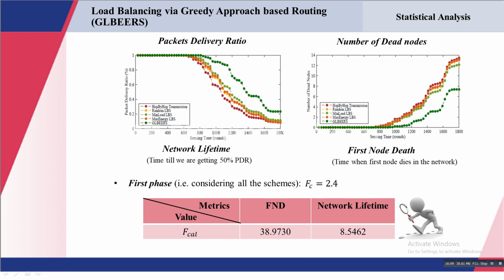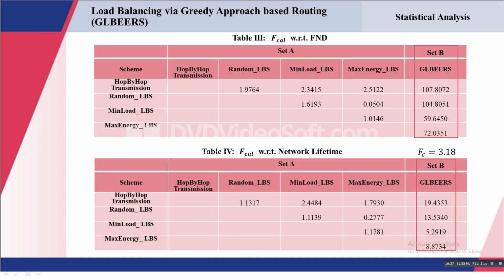So we can say that there is a difference between the schemes, and to confirm which scheme this difference comes from, we conducted the pairwise F test by considering two schemes at a time. We found that for the first node death and the network lifetime, the F calculated value is much higher for the proposed approach as compared to the rest of the approaches, while the F critical value was 3.18.